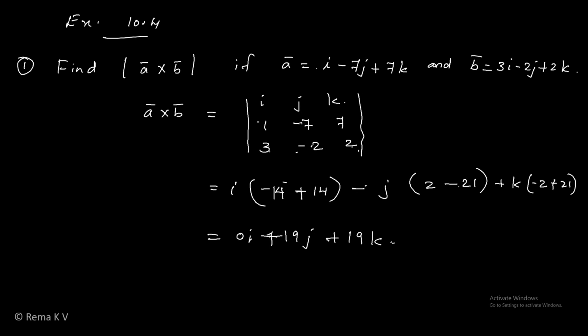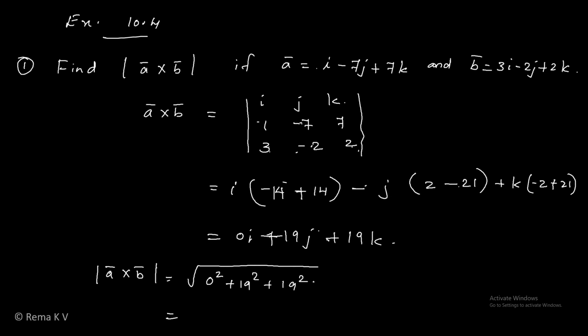Now find the modulus. Modulus of a cross b is equal to the root of, this is a vector, so to find the modulus, it is 0 square plus 19 square plus 19 square.